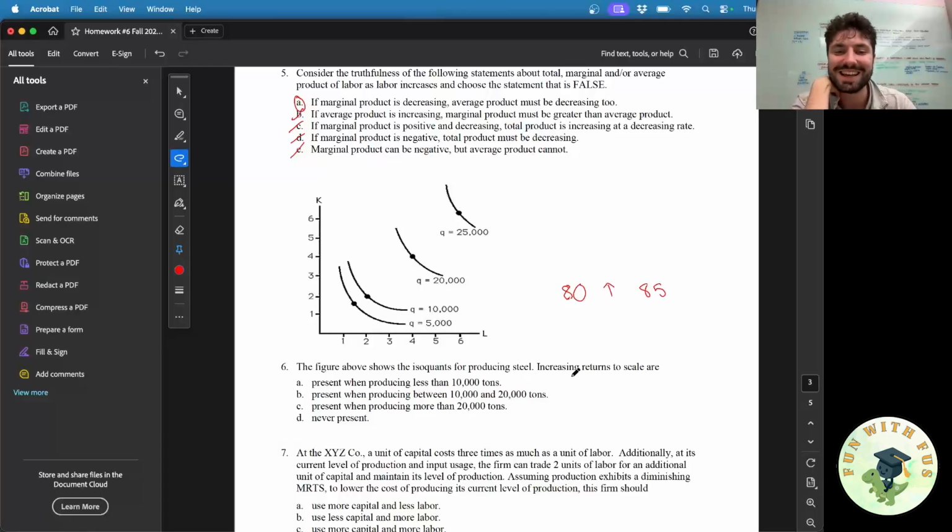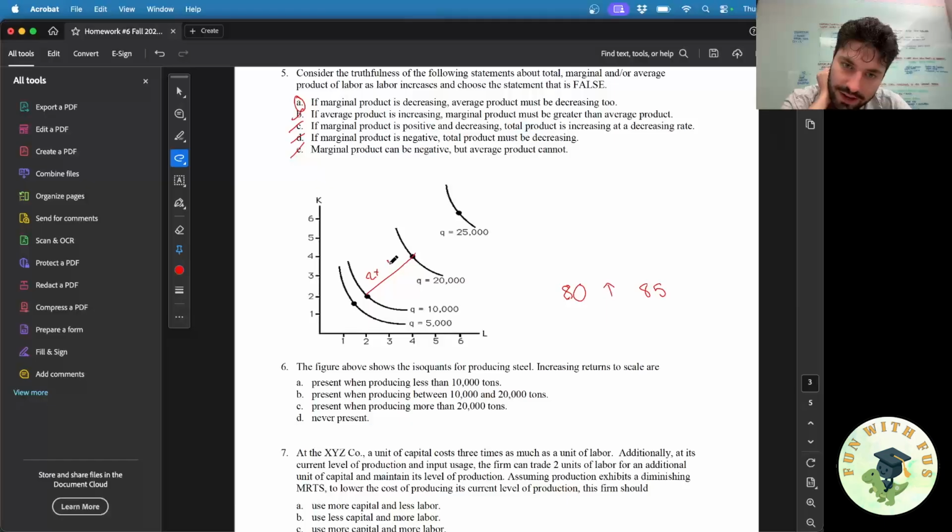That's kind of goofy. The figure above shows the isoquants. The increasing returns to scale are, so when I hop from 2 to 4, then I doubled my inputs. Let's actually write it. This might be a valuable way to think about it.